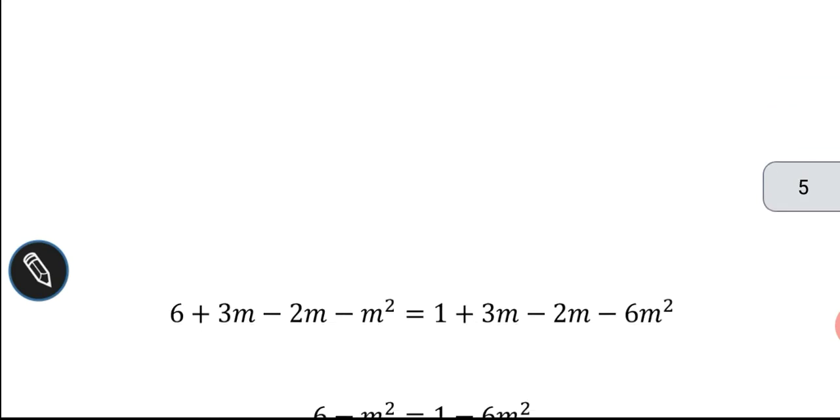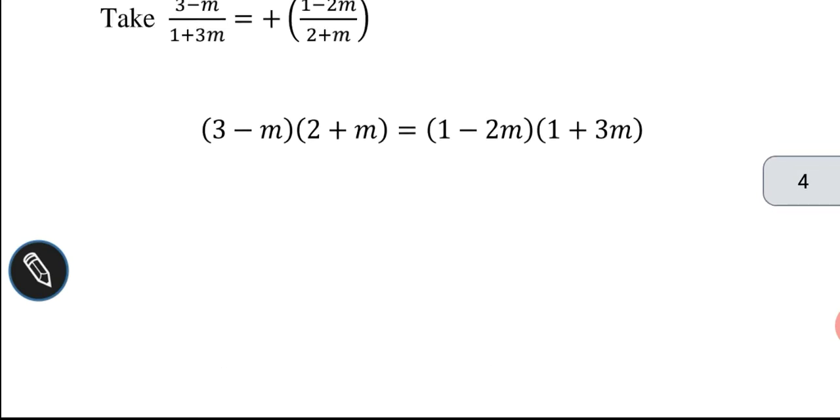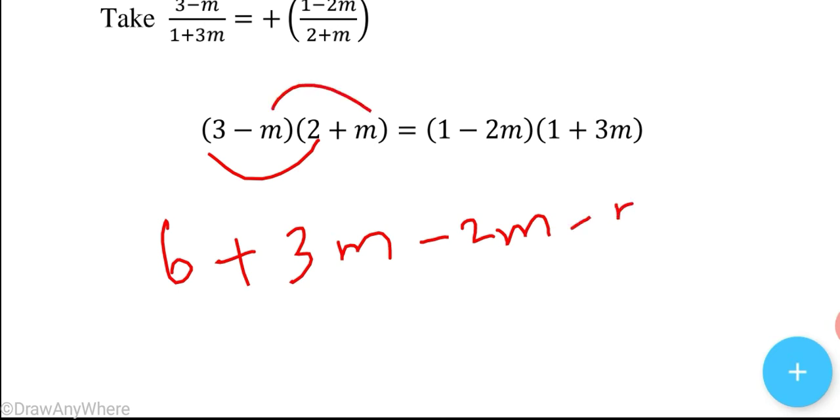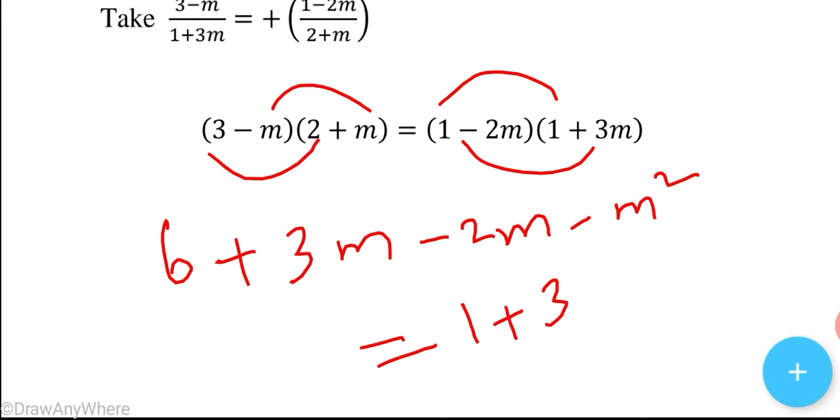Now expanding, it will become 3 into 2 is 6, plus 3m minus 2m minus m squared, equal to 1 into 1 is 1, 1 into 3m is plus 3m, minus 2m into 1 is minus 2m, and minus 2m into 3m is minus 6m squared.